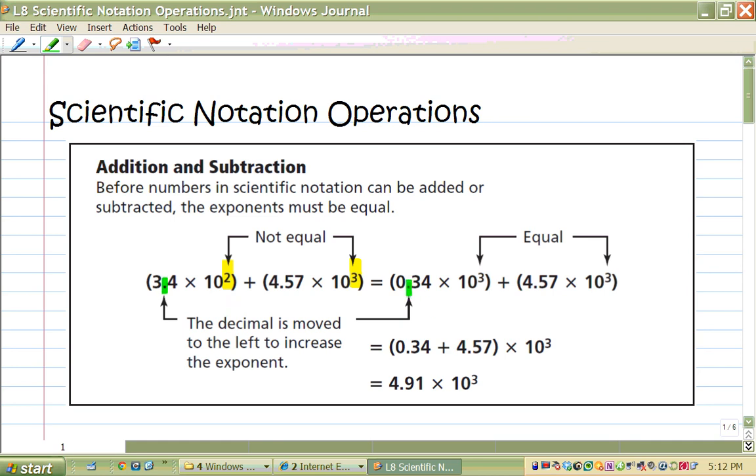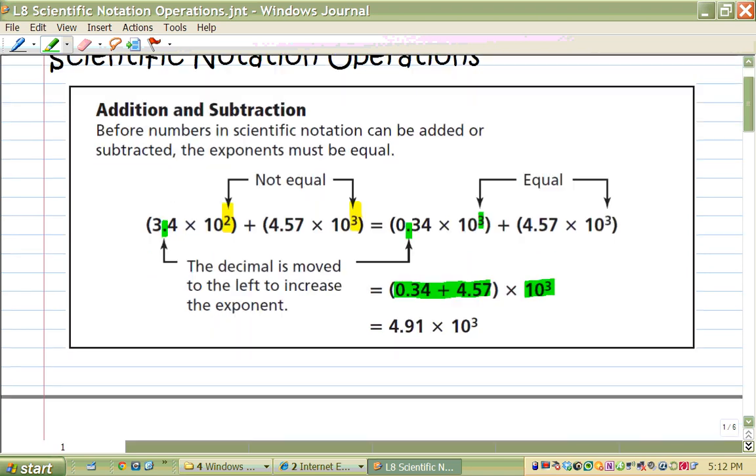See how we moved it to that spot? When you move it, that changes this exponent. It increases it by 1 when you move to the left. So now you can add the numbers and keep the 10 to the third. So pretty simple, right?